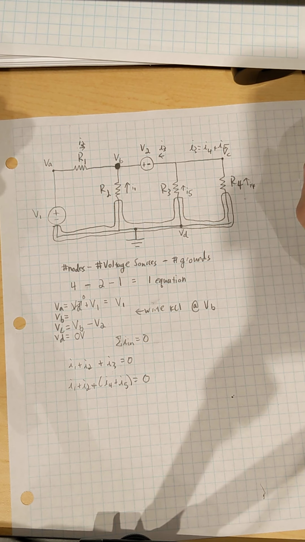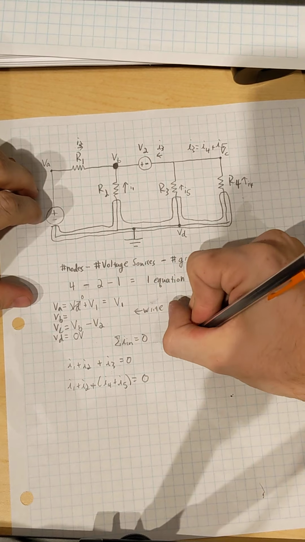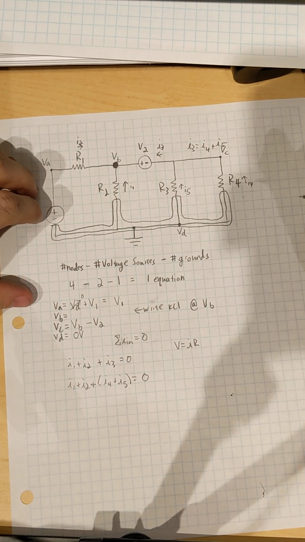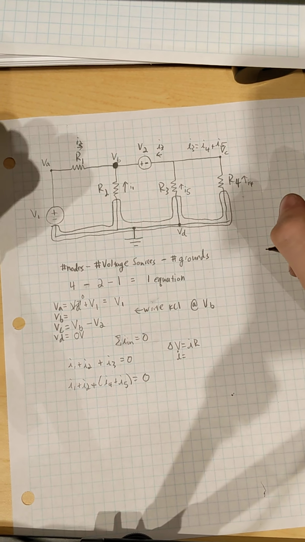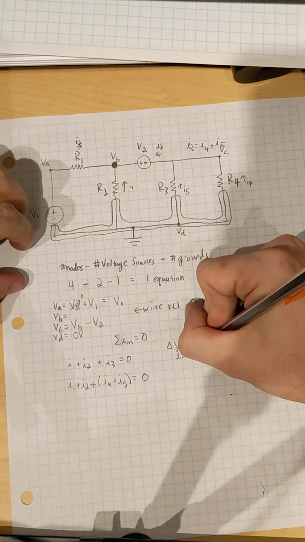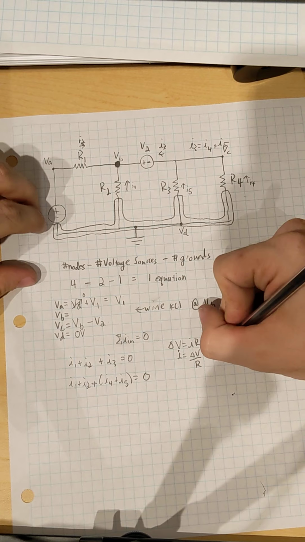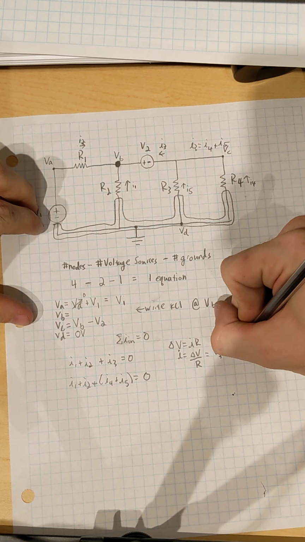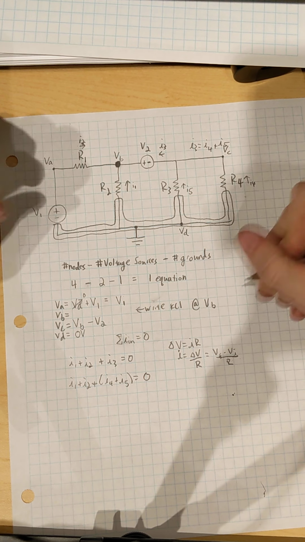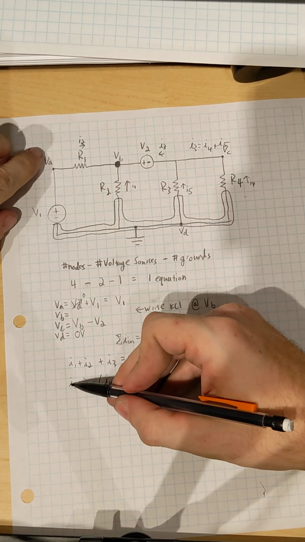So using V equals IR, our current is equal to delta V divided by R. And this is equal to, I guess, V final minus V initial over R. Okay, so let's start with I1.